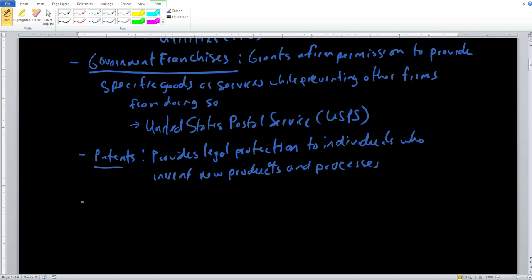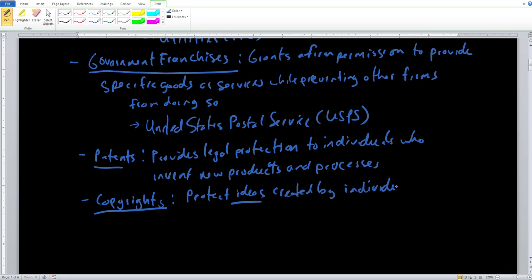Very closely related to a patent is going to be the copyright. So copyright. And copyrights are going to go ahead and protect ideas created by individuals. So patents are a little bit more tangible, while copyrights are going to be a little bit more theoretical. So here, protect ideas created by individuals. And these ideas can be in the form of a variety of things.